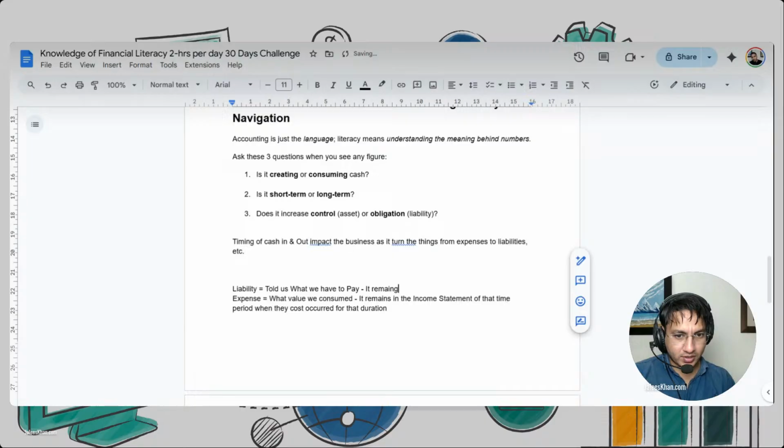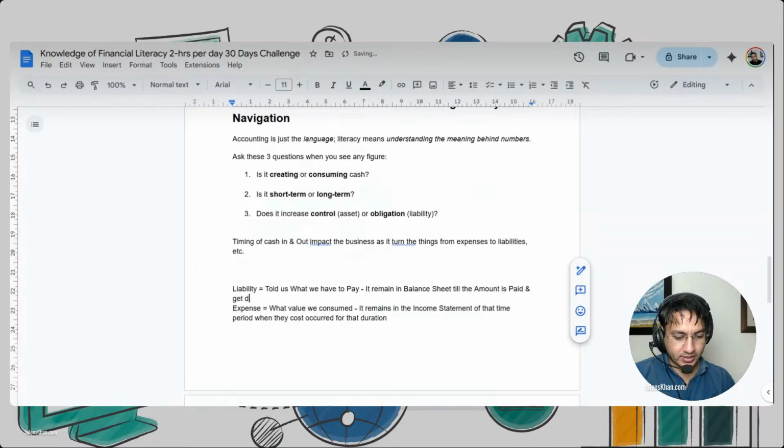It remains in the balance sheet till the amount is paid, and disappears when that amount is paid. So it's like, it's paid. Okay. So yep, we got this understanding.